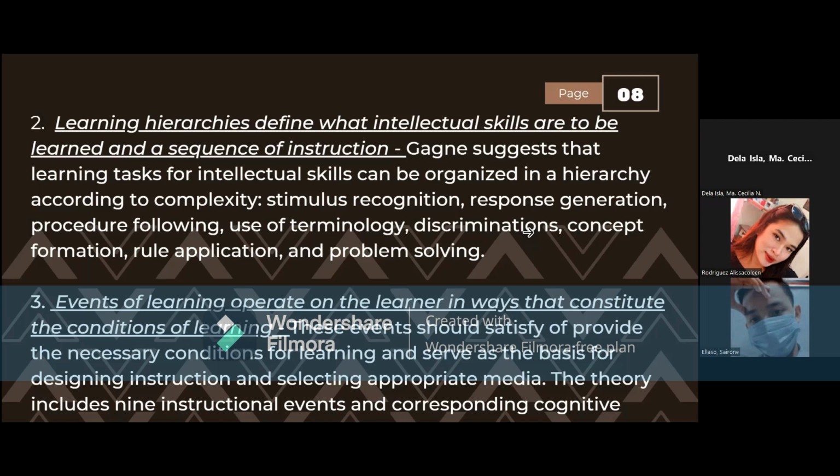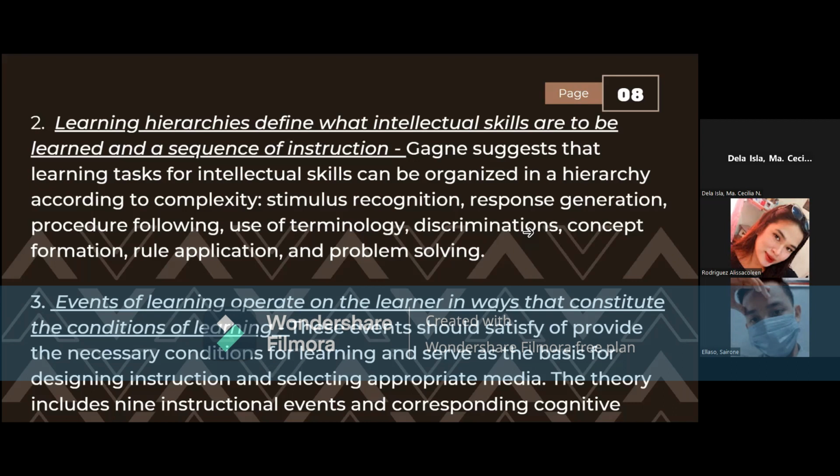So, Gagne suggests that learning tasks for intellectual skills can be organized in a hierarchy according to complexity: stimulus recognition, response generation, procedure following, use of terminology, discriminations, concept formation, rule application, and problem solving.